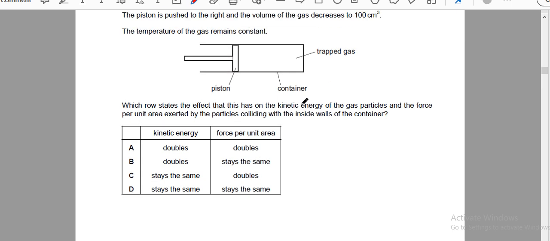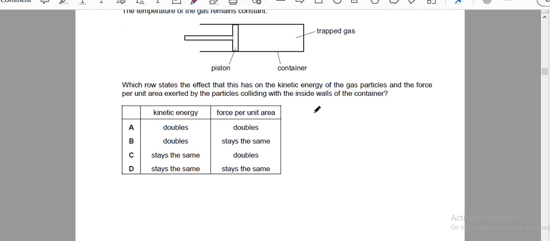As temperature is constant, we have that P1 V1 equals P2 V2, and as the question asks about the change in pressure, we can write this equation in the form of inverse proportionality.